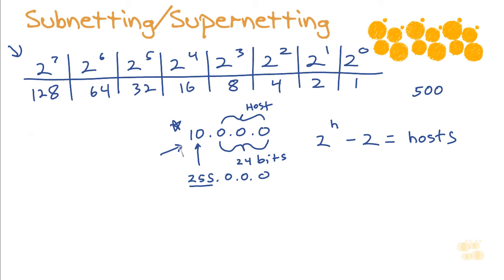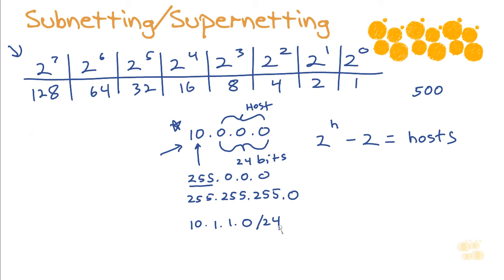So what if we did this? What if we extended the mask to 255.255.255.0? Now what we're doing is we are giving ourselves the ability to create a whole bunch of subnetworks, like for instance 10.1.10/24, and we are accommodating some number of hosts.